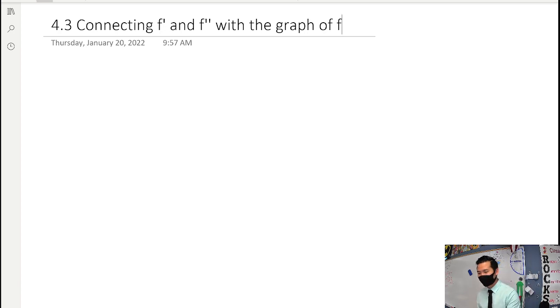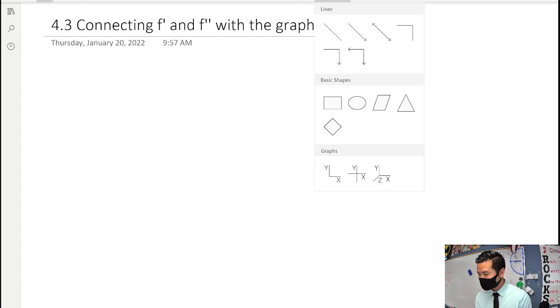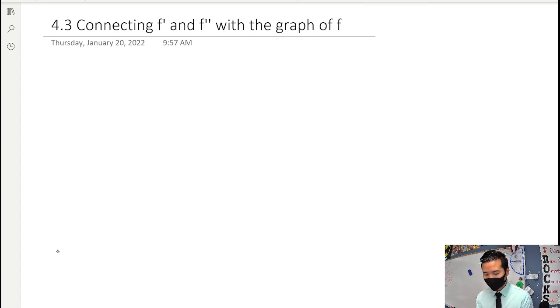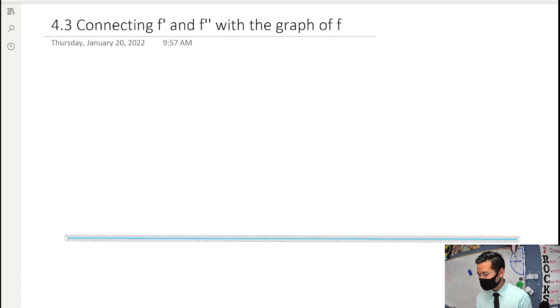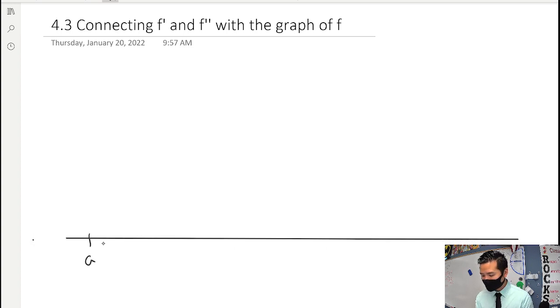And while you're copying that down, I'm going to draw something here that I kind of want you to copy. Let's make that black. Let's say it starts over here. I'm going to draw some random curves right here.